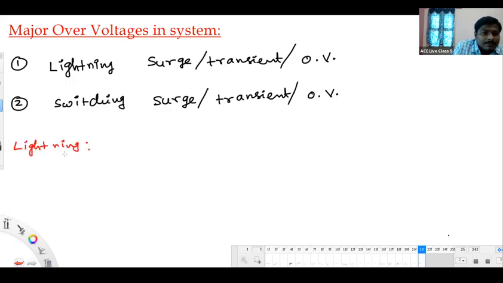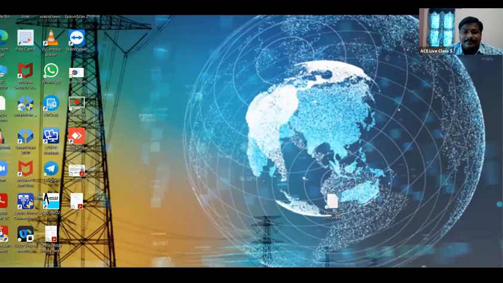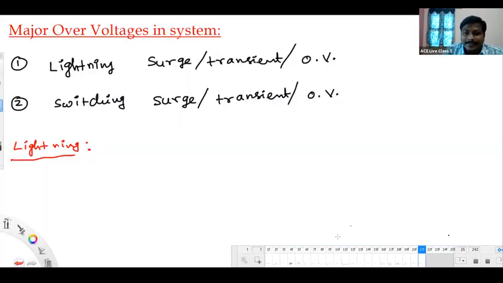Look, what do you mean by lightning? Basically, particularly in the rainy season or foul weather conditions, you can see some spark in the sky. That's what you can say as lightning.